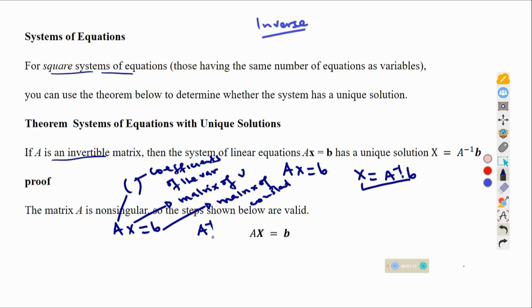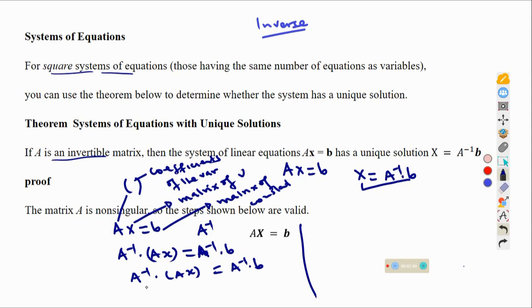And if its inverse exists, then let us multiply this inverse on both sides of this given expression, that is AX equaling to B. So we are multiplying A inverse on both sides. So in other words, we shall have A inverse times AX equaling to A inverse times B.